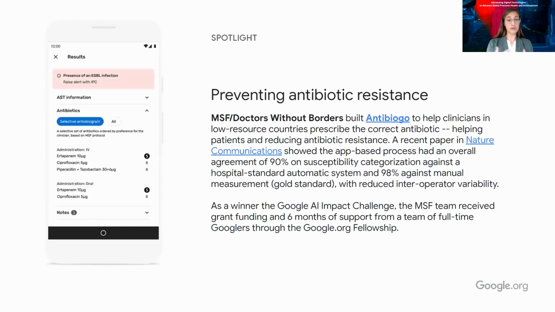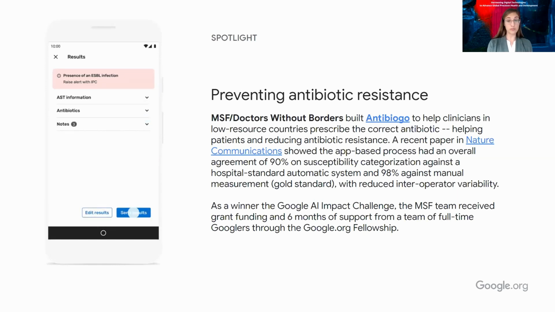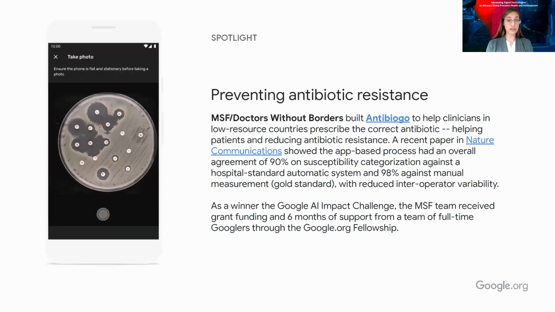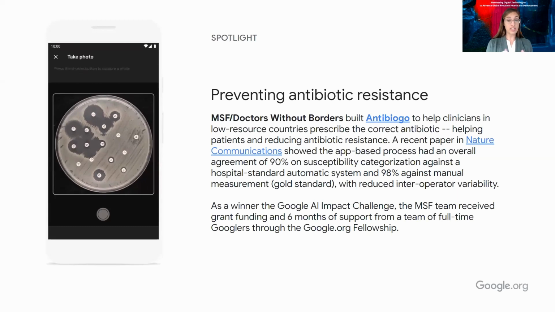It supports non-trained technicians to measure and interpret these important tests so that clinicians can then prescribe the right antibiotics. It works by taking a picture of the Petri dish and then measuring and looking at those inhibition zones. That's supported by computer vision.